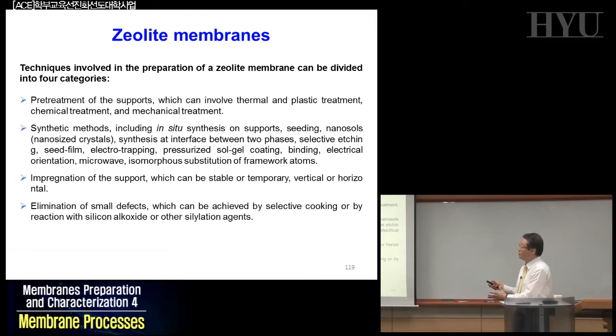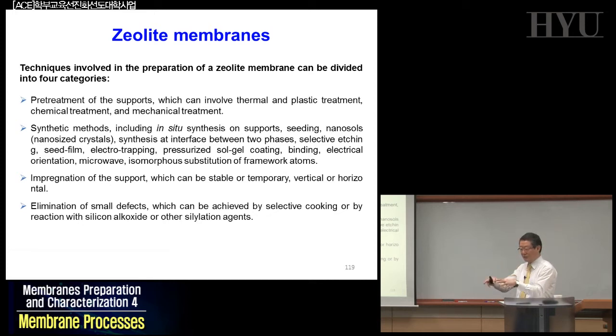Anyway, other than those pervaporation units, there is no commercial zeolite membrane in the world. But anyway, you can prepare the zeolite membrane in such a way that you first treat the support, and then you can synthesize your zeolite on top of your support. What they call seeding.